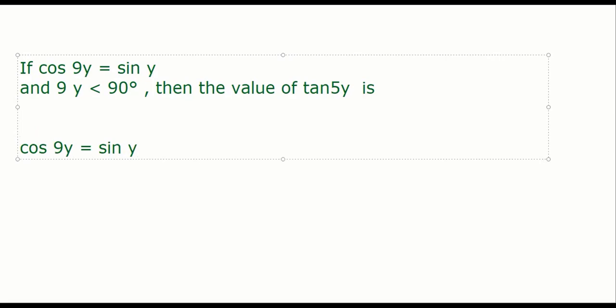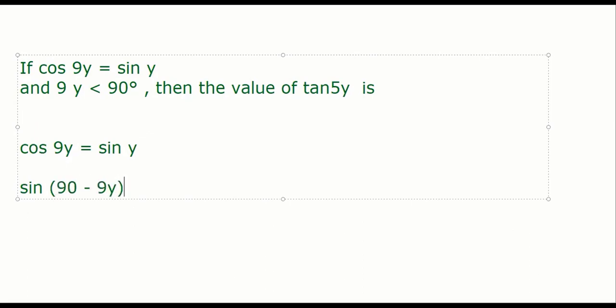Remember what we can do now? Sin of 90 minus theta. See, it says less than 90, which means acute angle, right? We can convert this into sine. So cos 9y is nothing but sine of 90 minus 9y. Remember yesterday, today we learned this? Like cos 20 is sine 70.